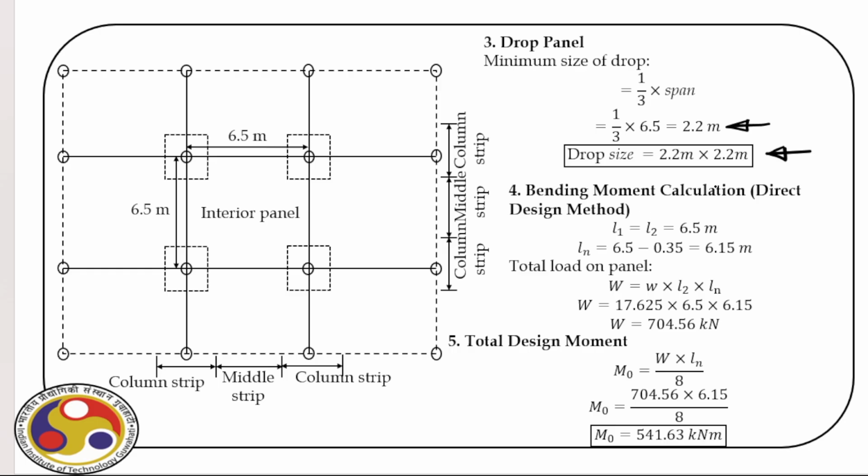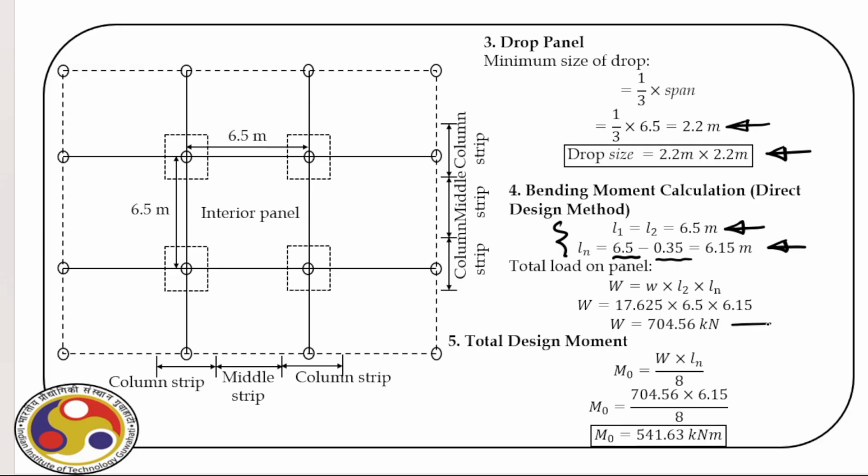Then the bending moment calculation. For that, recall we need L1, L2, which is 6.5. Right. Then we have to find out Ln, which is 6.5, the panel size, minus the size of the column on either side. So it is 6.15 meter. Then once we find out the lengths L1, L2 and Ln, we can calculate the total load, which is w times L2 times Ln.